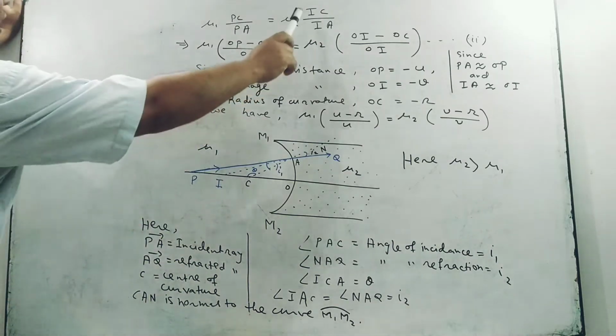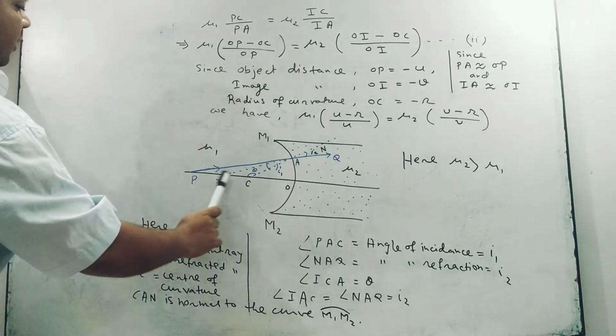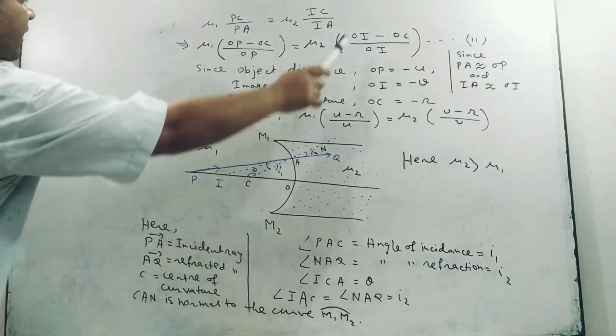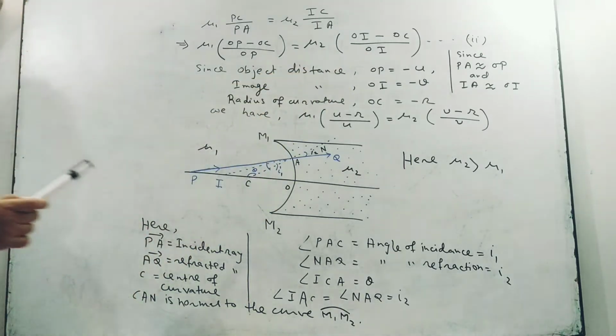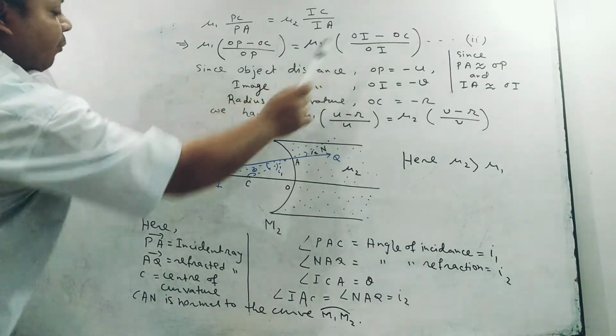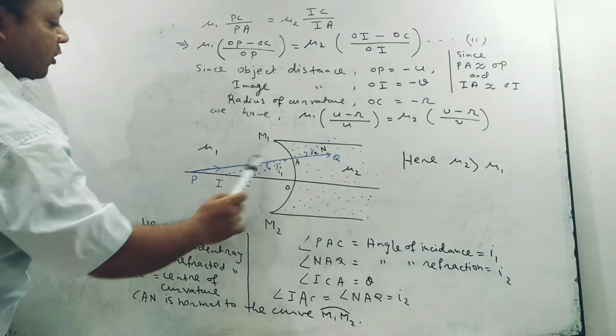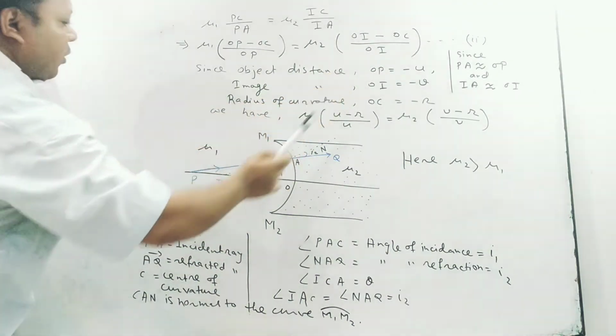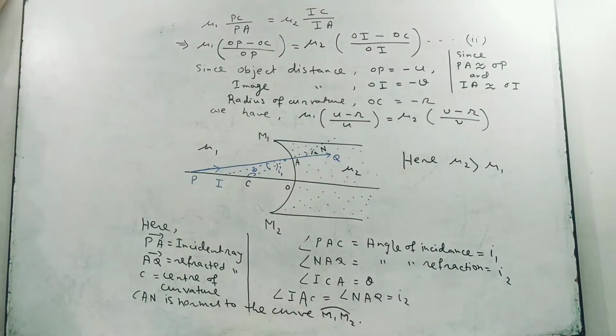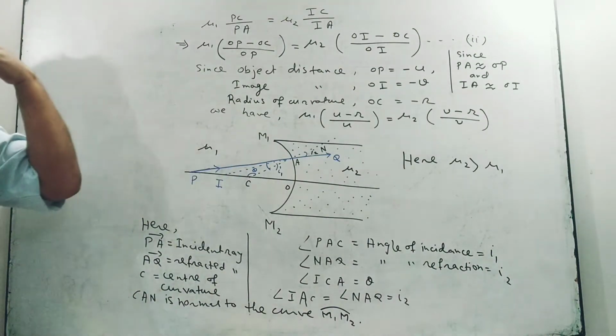Similarly, IC is equal to OI minus OC, and IA is approximately equal to IO, because the curvature of the spherical surface is very small.